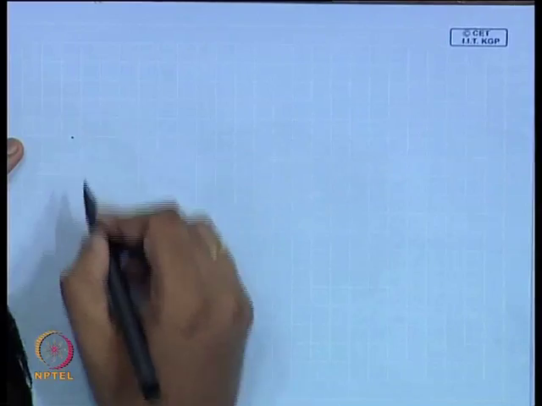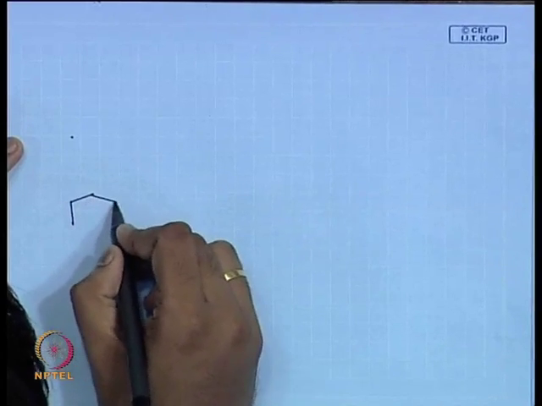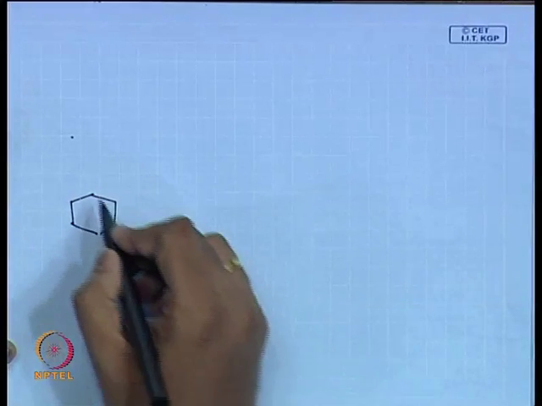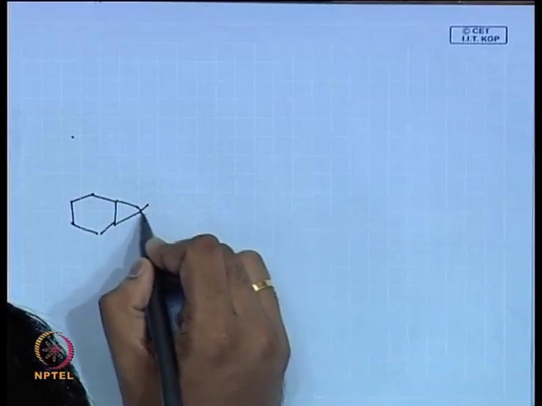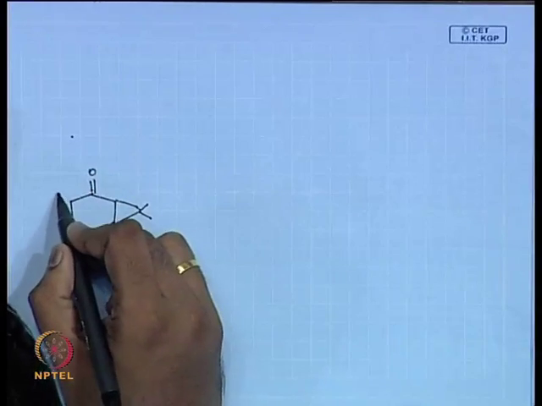Now, we will take one more example. Guys should think about it. Just like the previous case, if you compare this example with the previous example, it is a similar system, but I have methyl substituted here and there.